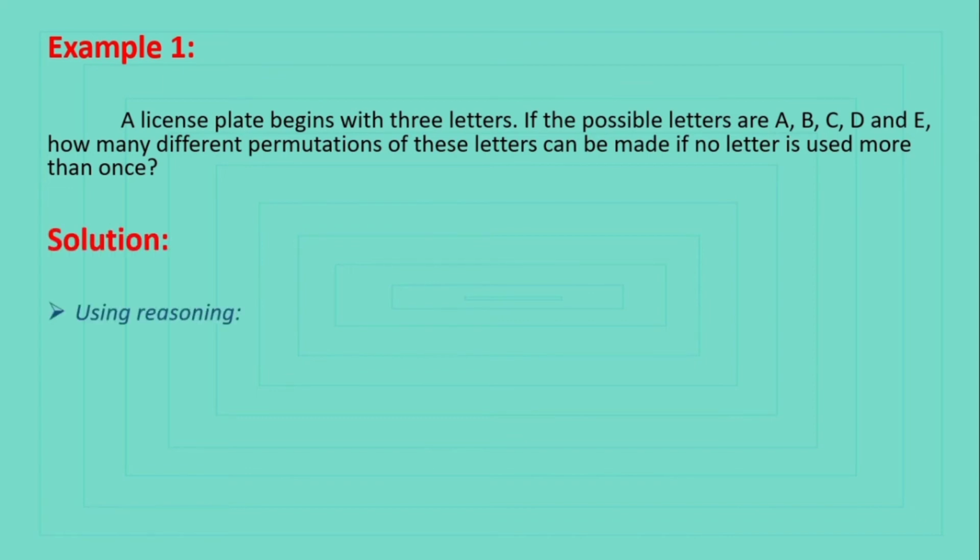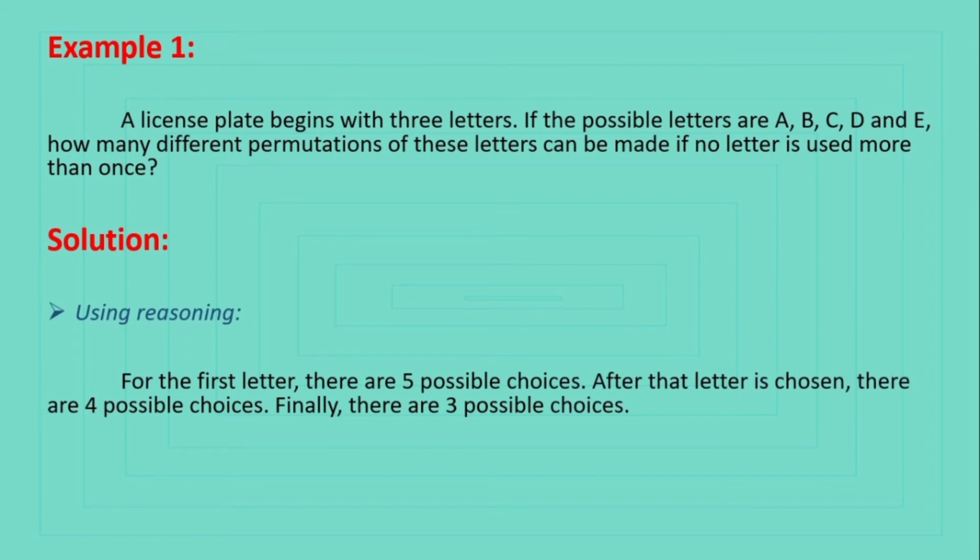By using reasoning, for the first letter, there are 5 possible choices. After the letter is chosen, there are 4 possible choices. Finally, there are 3 possible choices. We have 5 times 4 times 3 is equal to 60.